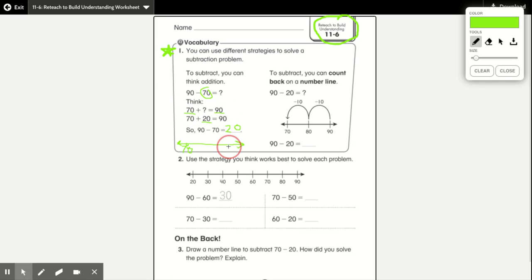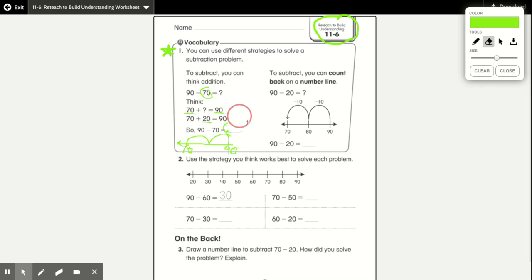We wanted to get to 90. So put 90 here. And I want to see how many hops over it's going to take me to get to 90. Ready? 10, 20. So it took me 2 tens, 2 hops over. And that's how I got the answer here, 20.